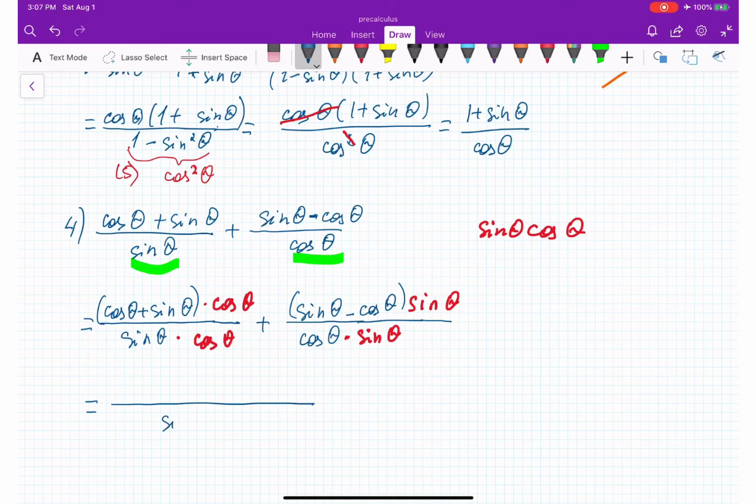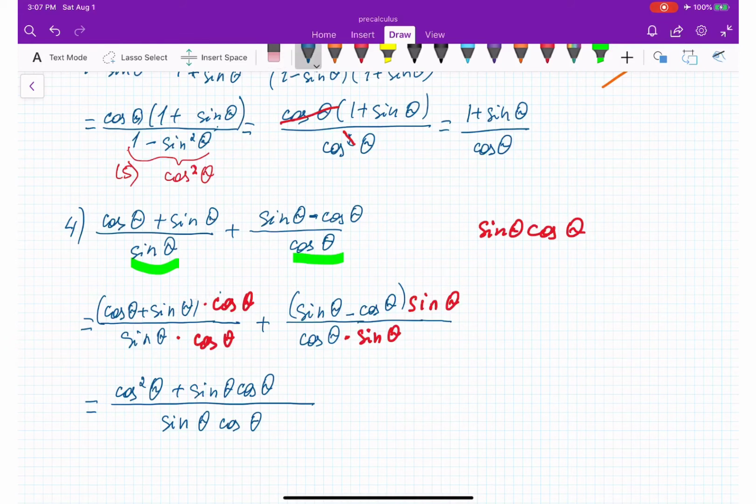So in the denominator I will have sine theta, cosine theta. In the numerator I'm going to multiply. So cosine theta times cosine theta will be cosine squared theta, plus the second one will be sine theta times cosine theta. Okay, let me clean this so we keep it clean and readable.